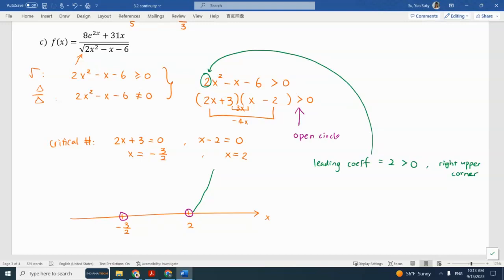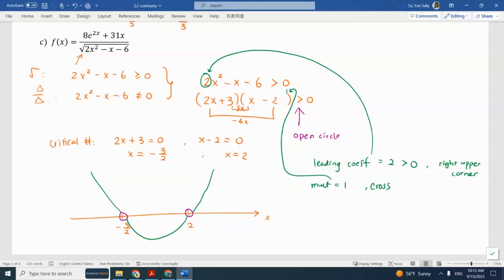Okay. And do you see 2? What's the multiplicity? The multiplicity is 1, right? So that's why you cross. Similarly, negative 3/2, what's the multiplicity? It's also 1, so we cross.